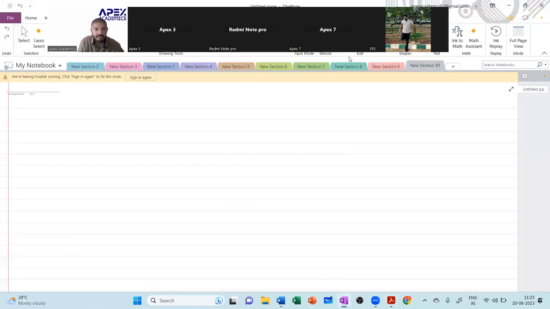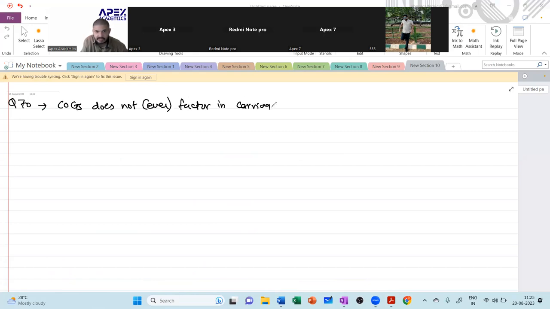So the first statement that I will write for question number 70 over here is that COGS does not (ever) factor in carriage outward/delivery cost of finished goods.